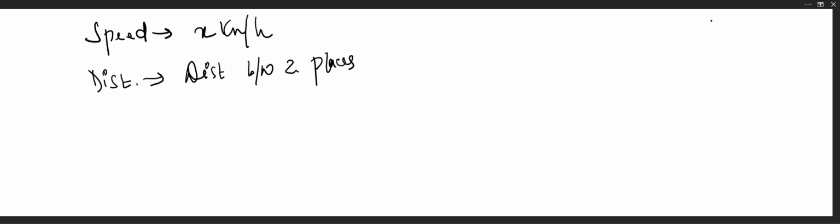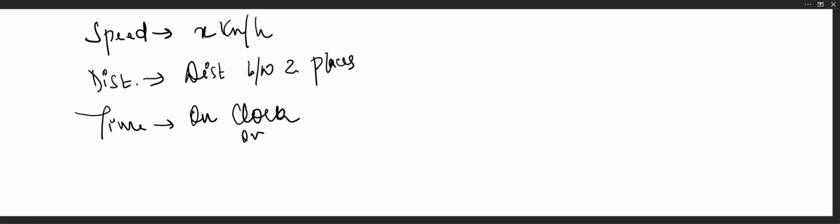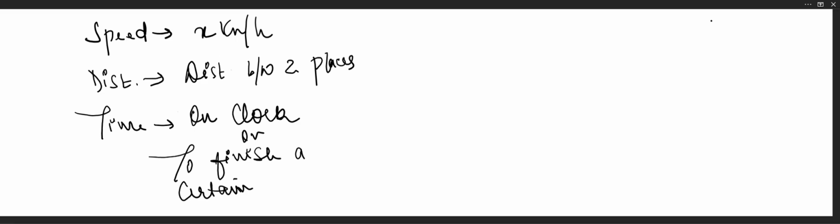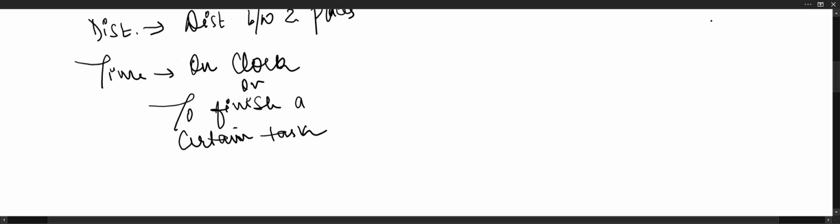And when we think of time, we can think of any time on the clock, or the time to finish a certain task in the given time.